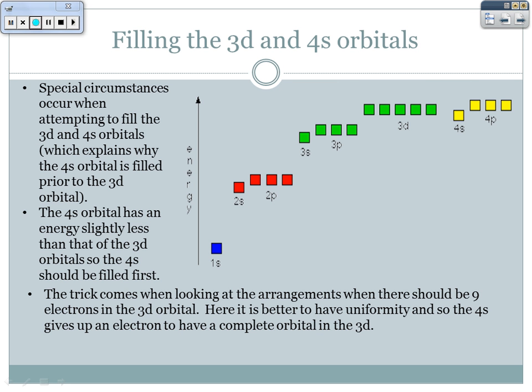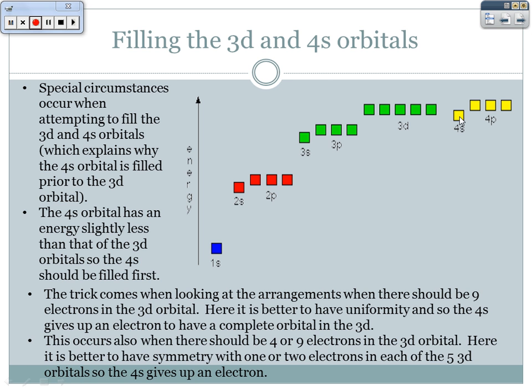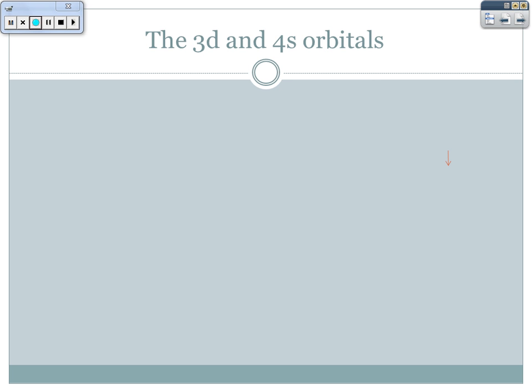And the reason it does this is because a partially filled or fully filled 3d orbital is more stable than a not quite partially filled or not quite fully filled 3d and a 4s. And so it's actually something to do with the symmetry of the 5 or 10 electrons rather than the 4 or 9, and it's all about giving up and weighing in what is more stable and what costs less energy.